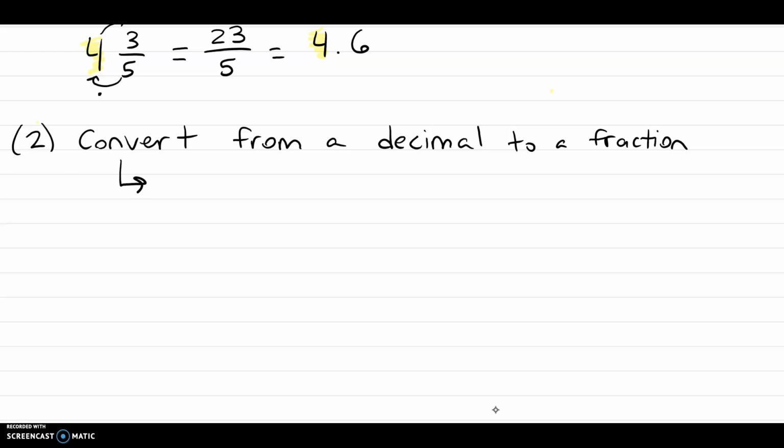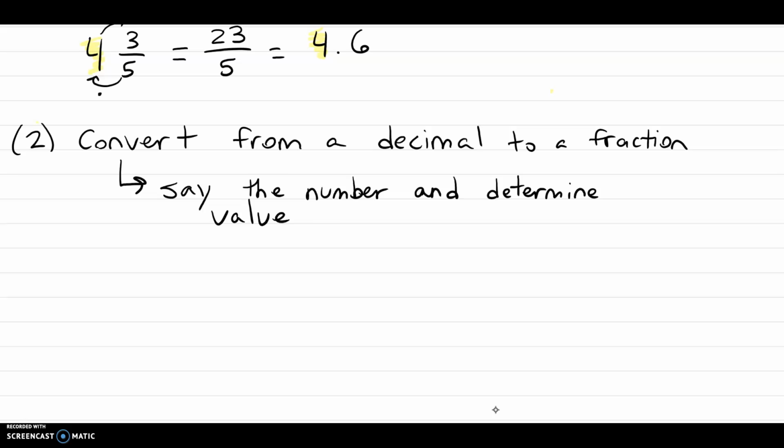And the steps for this is really just saying the number out loud to yourself, because it'll tell you what your fraction is going to be. So say the number and determine the value of the fraction.